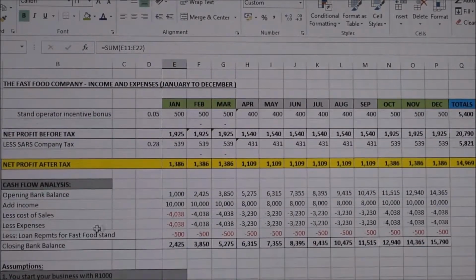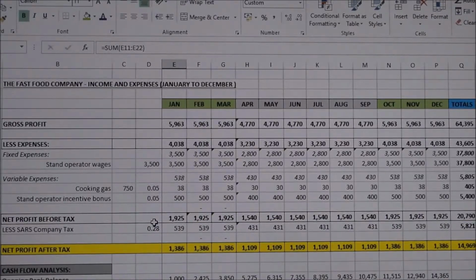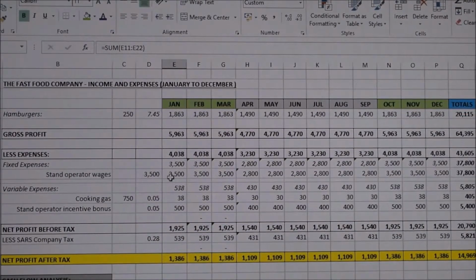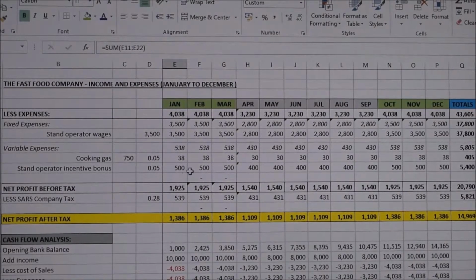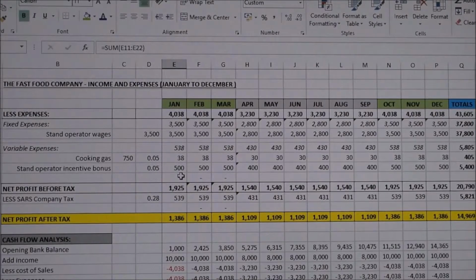And then our expenses, less expenses. In this case as well, we've got our operator wages, and then we've got a bit of cooking gas we've had to pay for, as well as we gave our wage earner a bonus. We would like to encourage our operator of the fast food stand to sell more hot dogs and hamburgers. That way our sales go up.